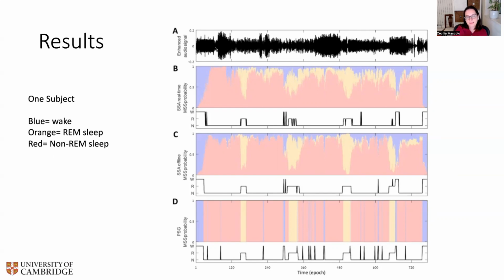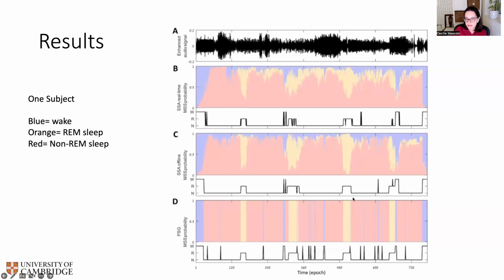Let's skip that. We will only look at C, the fact that we have done it offline. So we take all the data and do the analysis offline. They also have a real-time version that obviously, as you can see, doesn't work as well as the offline, because in offline you have more data, you can make better description, better inference.